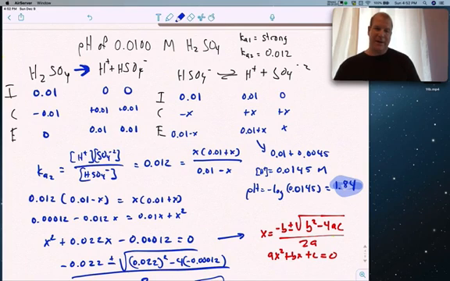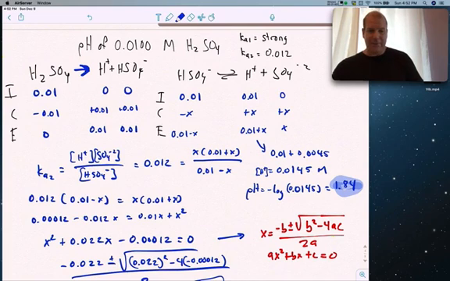We have the bisulfate at 0.01 molar, a hydrogen ion with a common ion 0.01 molar, and no sulfate. So we shift right, and then we get the equilibrium values 0.01 minus x for bisulfate, 0.01 plus x for hydrogen ion, and x for sulfate.